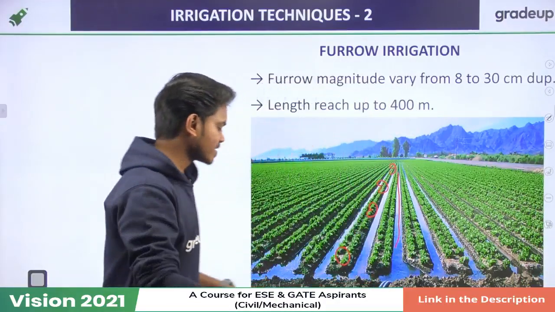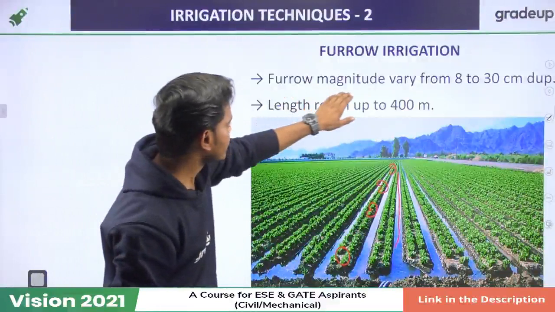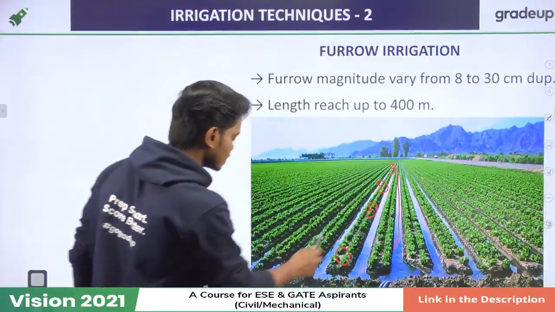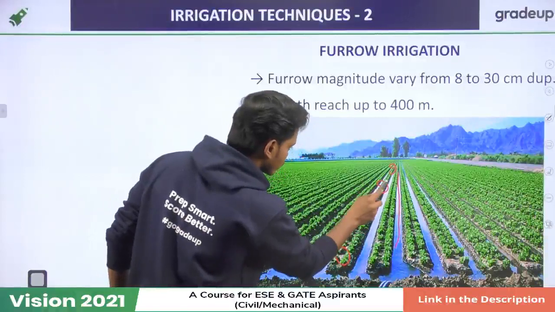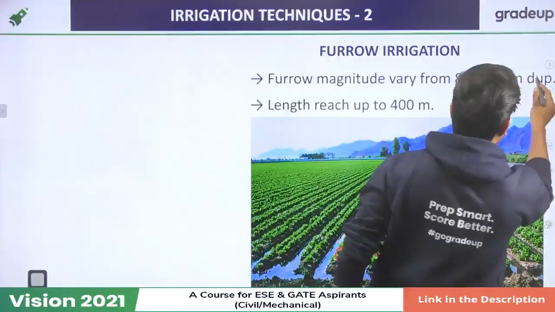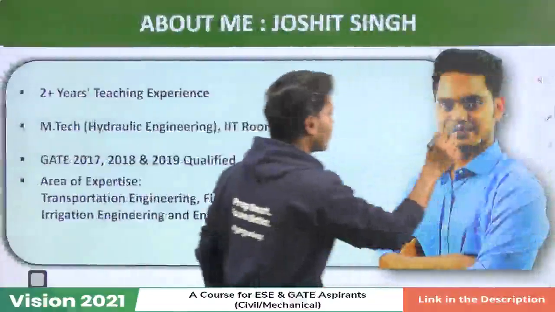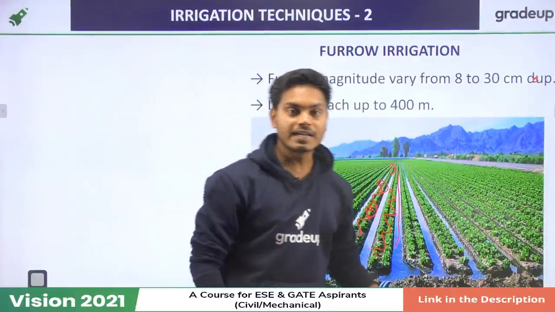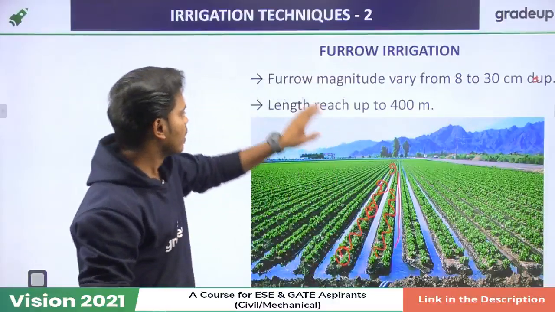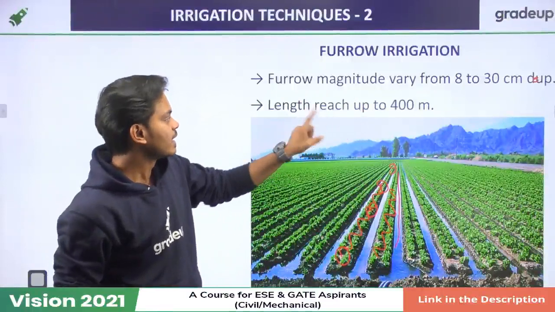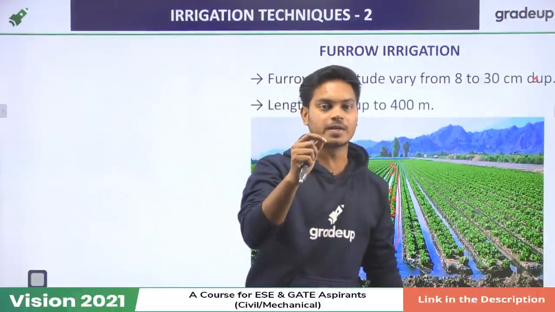Next thing is the furrow magnitude varies from 8 to 30 centimeter deep. What is a furrow? These are the furrows. So we are talking about the magnitude of their heights, of these furrows, and then the length of these furrows can reach up to 400 meter.